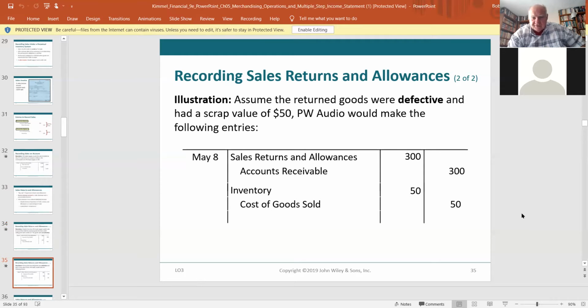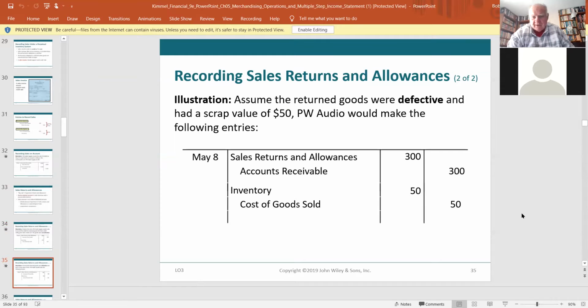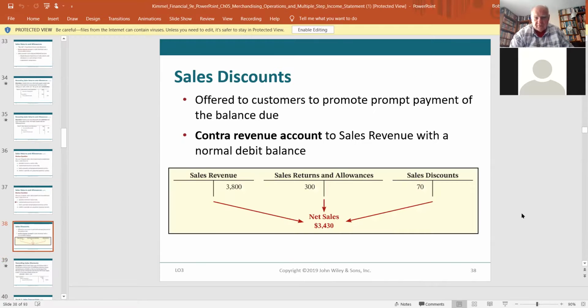And what they're saying here is if the customer returns something for $300, but the goods are damaged and we have to perhaps sell them as an irregular, if we think the goods are only worth $50, not the amount we had before, which is $140, you just put it back at what the real value is. The cost of goods sold is determined and recorded each time a sale occurs in a perpetual inventory system only.